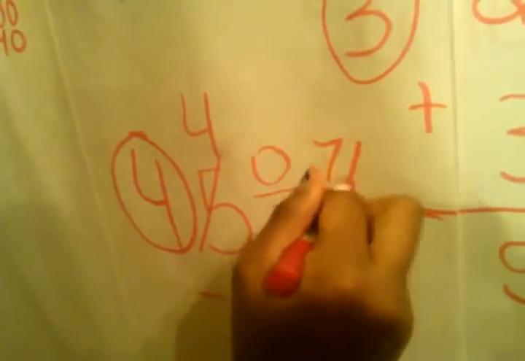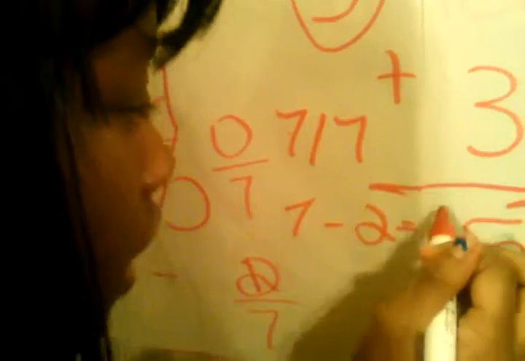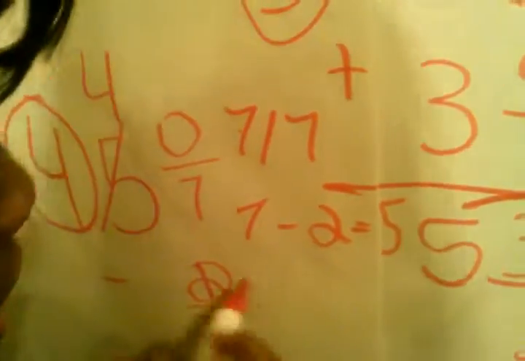And then you make this 7 out of 7. Then you do 7 minus 2, and that's 5. And then you bring this down, and that's 4 and 5/7.